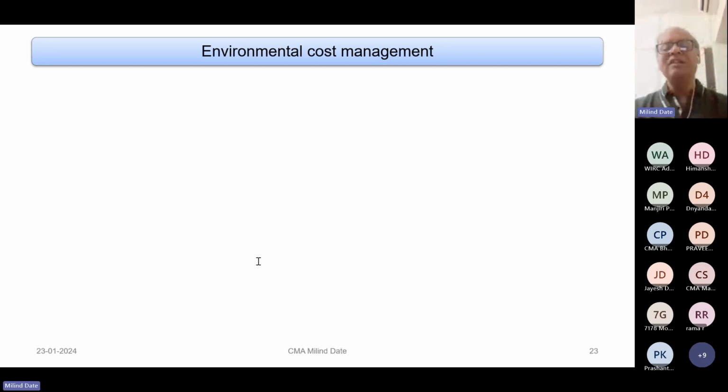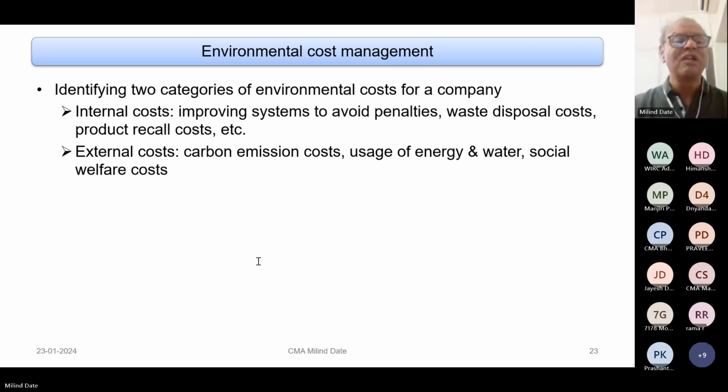So basically, there are different ways of identifying environment costs. You can have a choice of using any of them, of course. There are companies which keep it simple: internal environmental costs, external environmental costs. Internal cost examples I have given: improving system to avoid penalties.